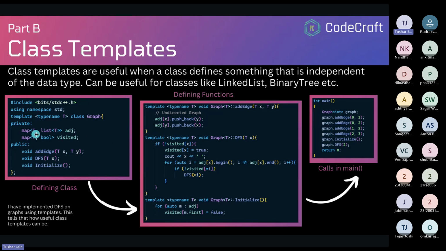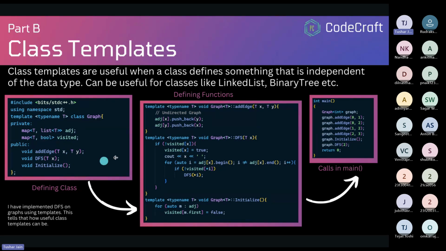In private also, whenever I have defined, let's say this map, we have T here as well as T here and T here. This is again the same data type that we are using. Also in the functions, I have defined T x, T y, and T x. So this is again the same data type that we are following when we define a class. This is how my class is defined.